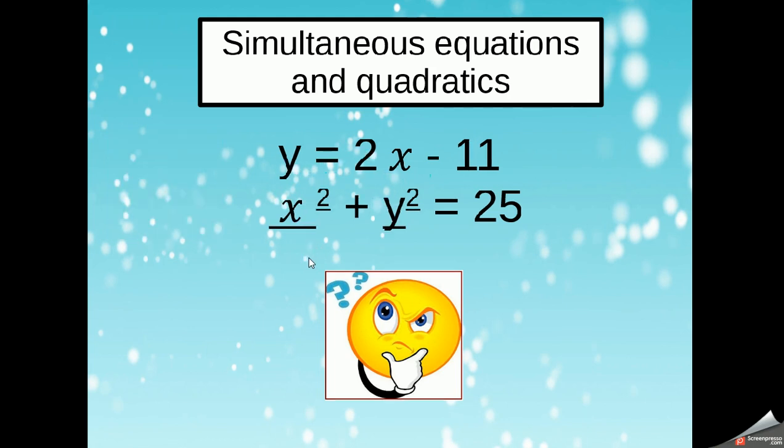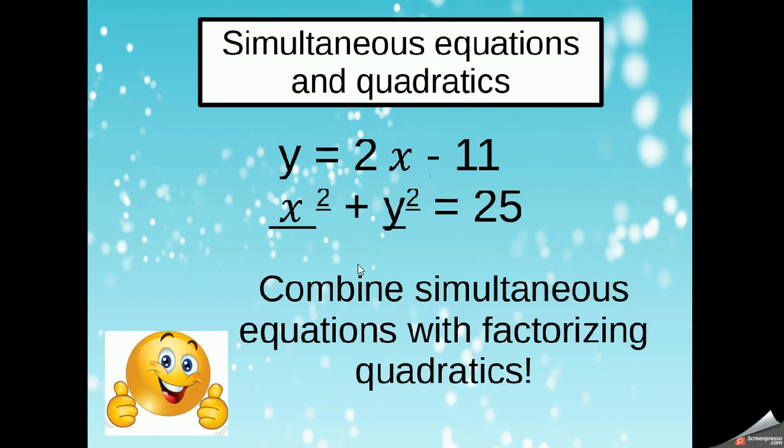Well, our first job is that we are going to combine the simultaneous equations with factorizing quadratics. So the work we did on factorizing quadratics, we're going to use that in order to change this equation down here into something we can solve.